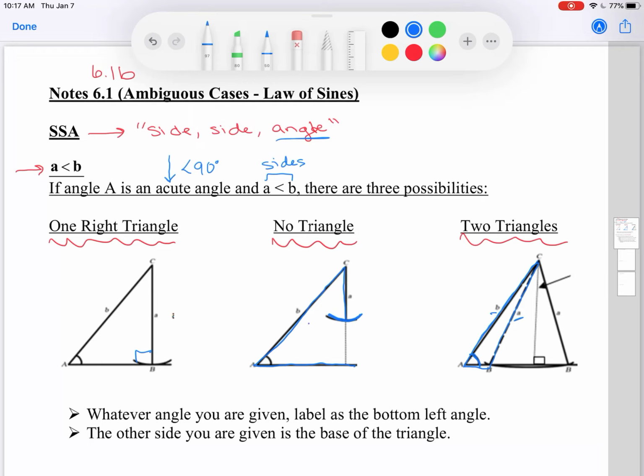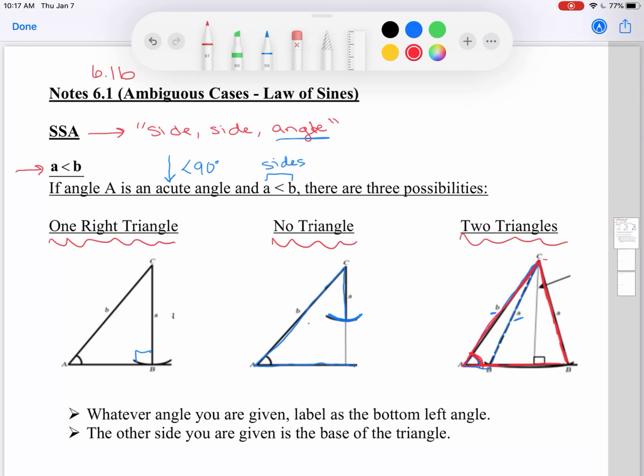And right now, since we're talking about B, we'll stick with B. So there's my first triangle in this option. The second triangle is telling us that we're still going to have the exact same angle A, because we were given that angle. And we're still going to have the exact same length B, so it's going to be here. And it's going to be this bigger triangle.